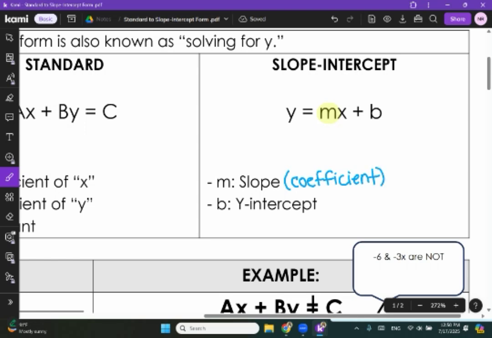Whenever I ask students what the slope is from an equation, they'll try to give me 2x, which is wrong because the slope is only the number in front. Slope is 2, not 2x. X is not part of the slope, okay? And the y-intercept is b.